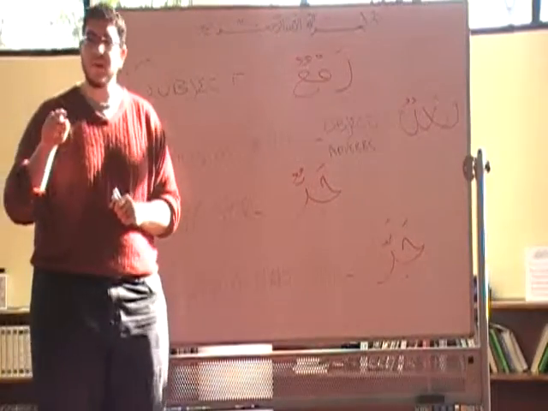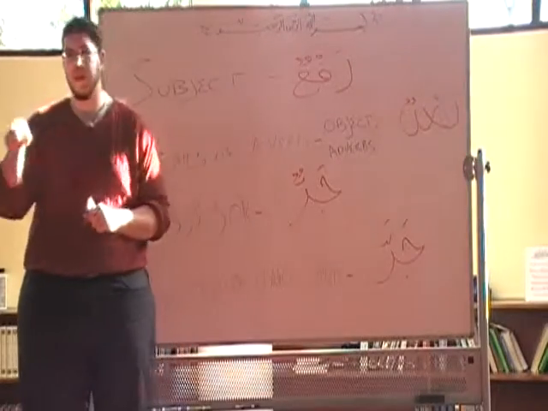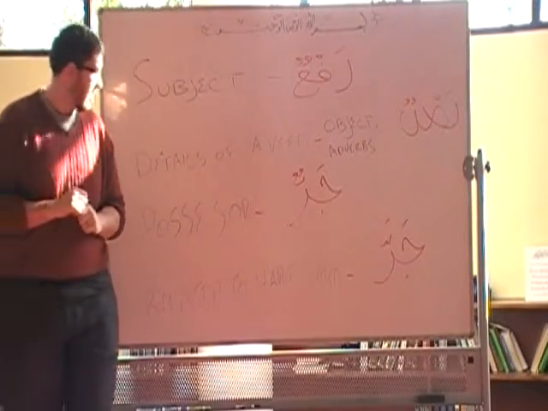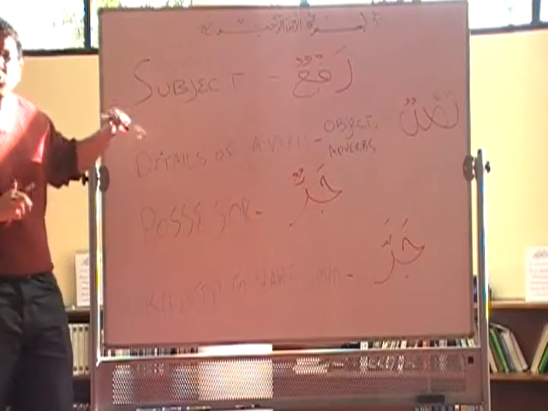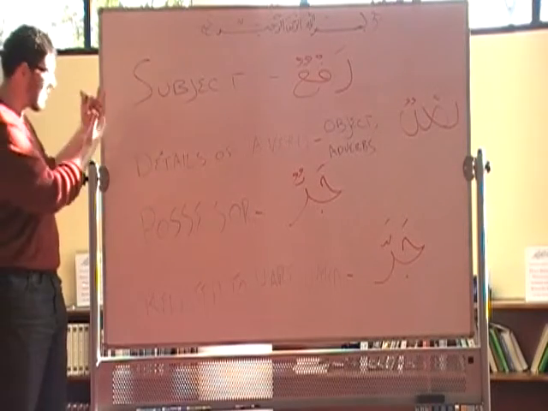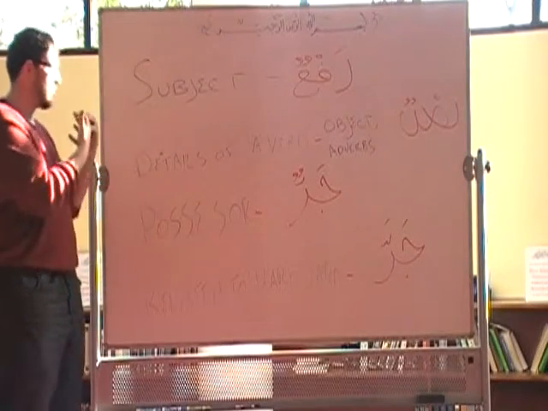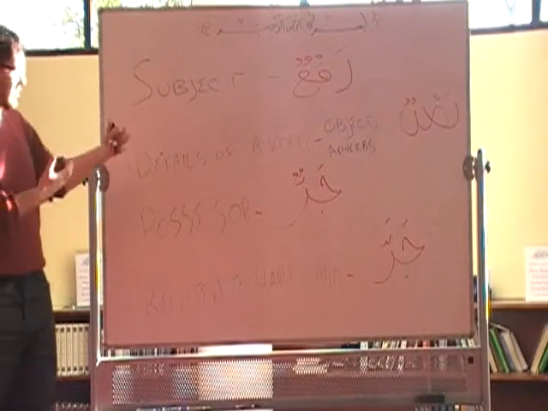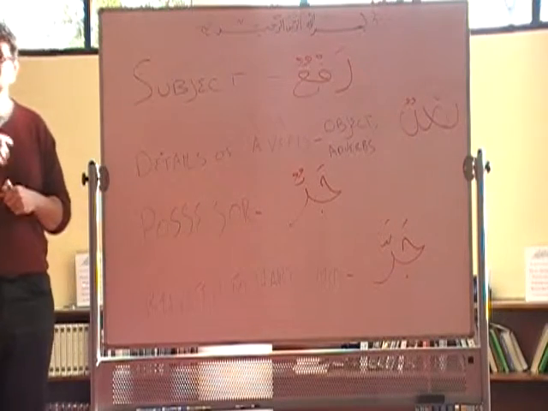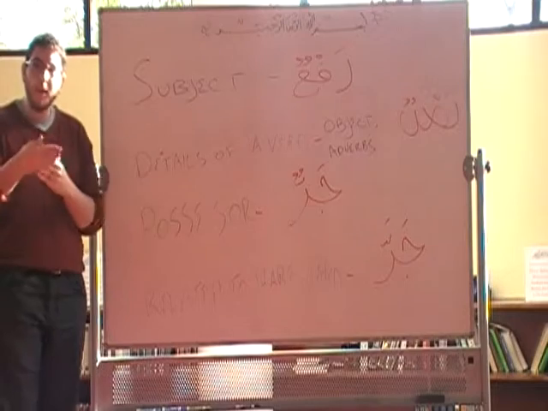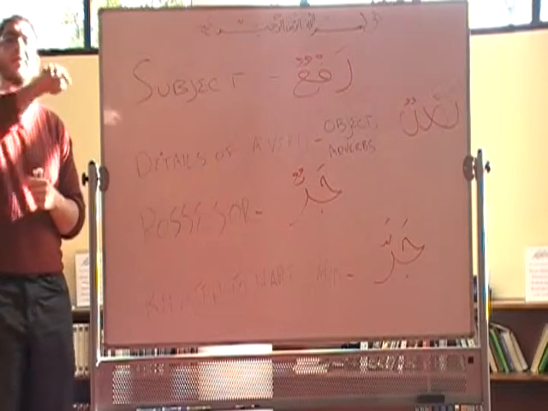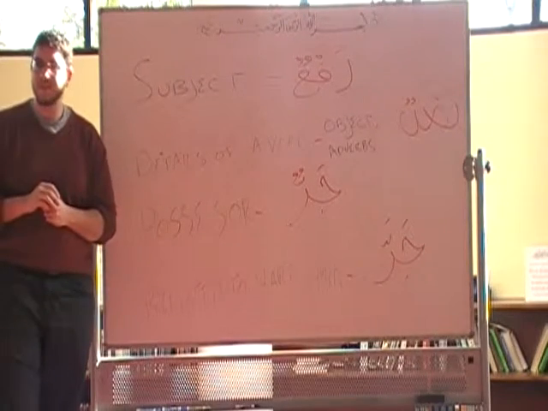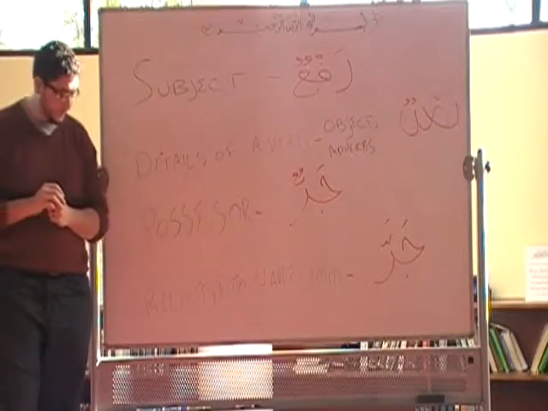Because it turns the word that comes after it into the state of jar. Okay? So these are the 4 fundamental roles an ism can play in a sentence. And as a result of that, they have particular grammatical states to help you identify that it's playing this particular role. Understand? Okay.